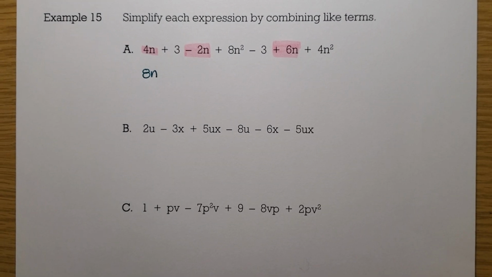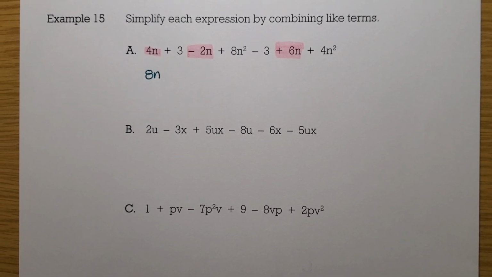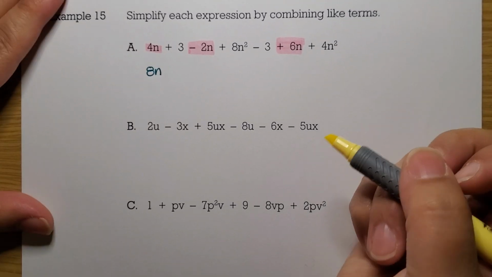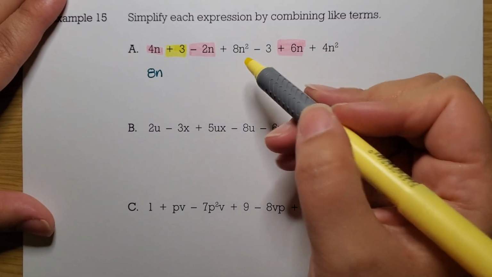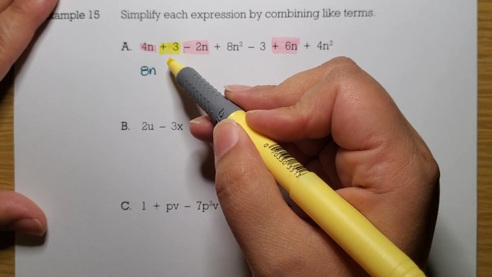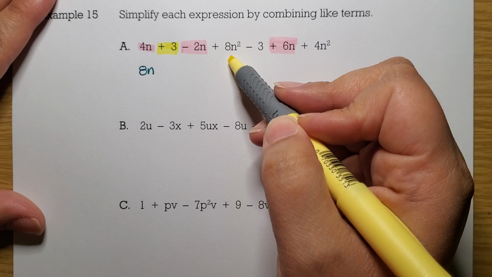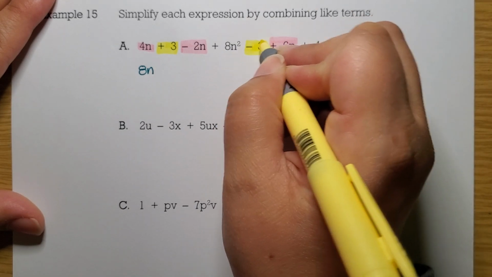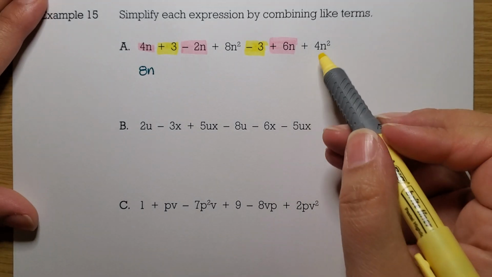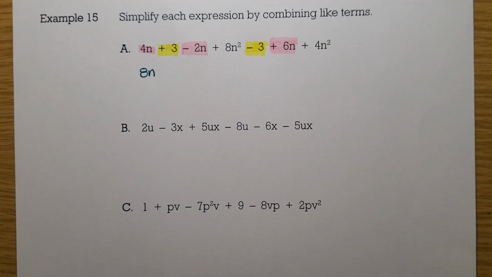And I'm going to just kind of keep going on. So the next term that I haven't dealt with yet is this plus 3. So this is a constant term. There's no variable attached. No variable here. And then there's a 3 with an n squared there.